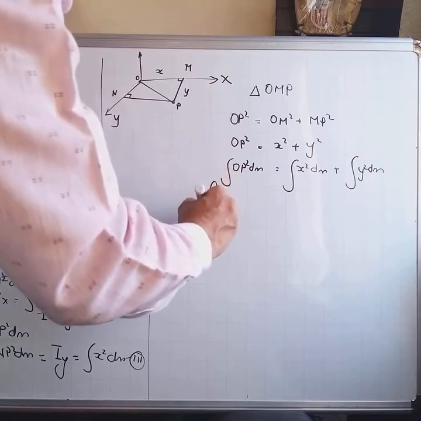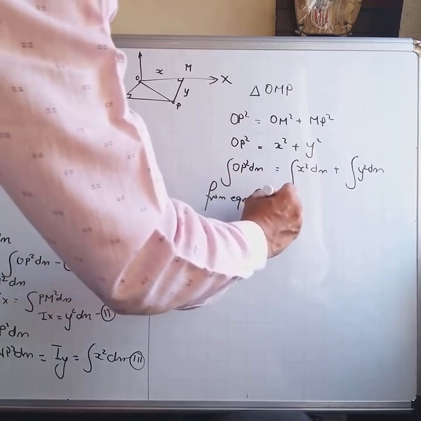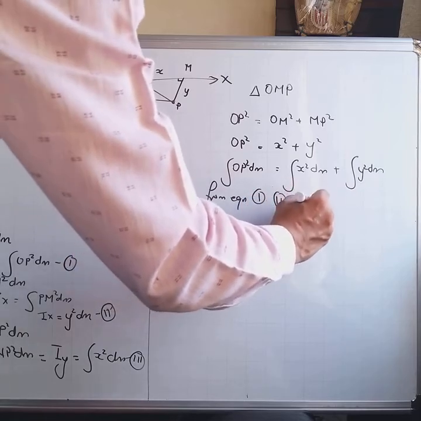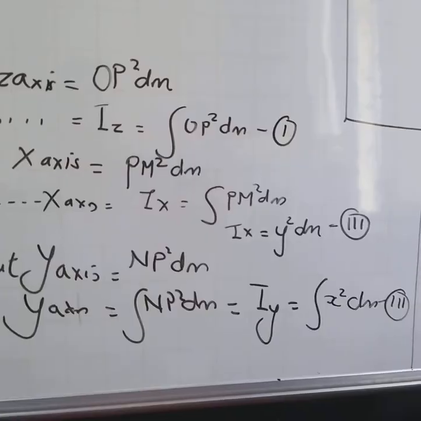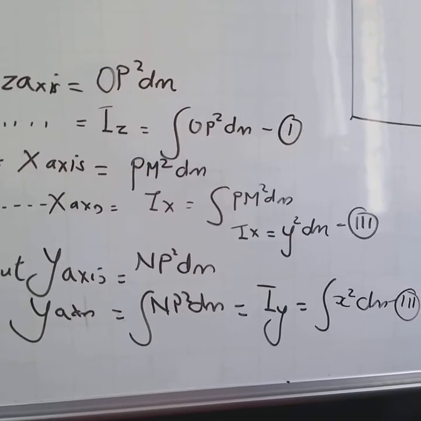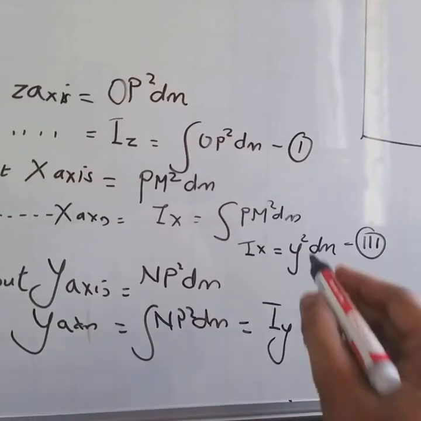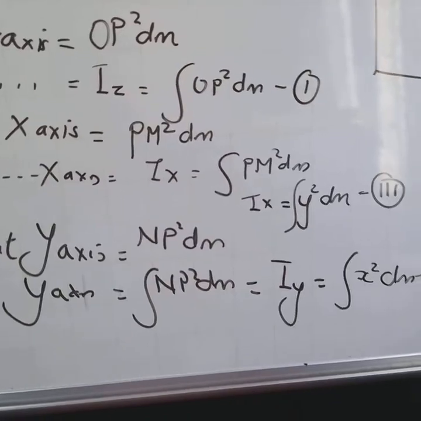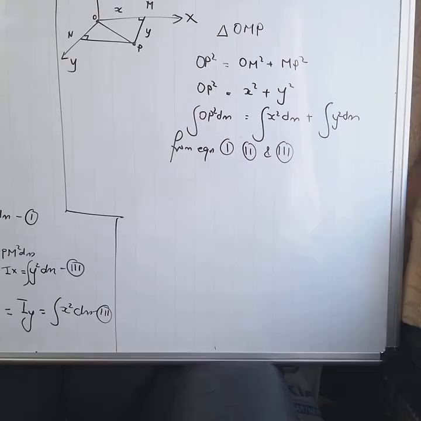But from equations 1, 2 and 3, for your sake I am showing those equations. See, these 3 equations: Iz is the integration of OP square dm, Ix is the integration of y square dm, and Iy is the integration of x square dm.